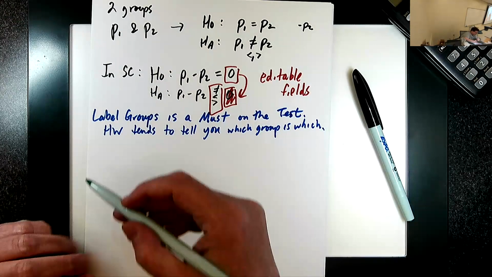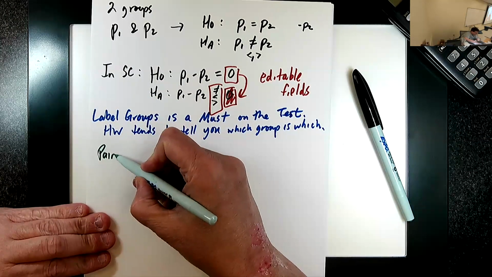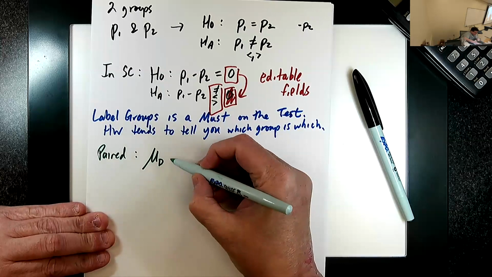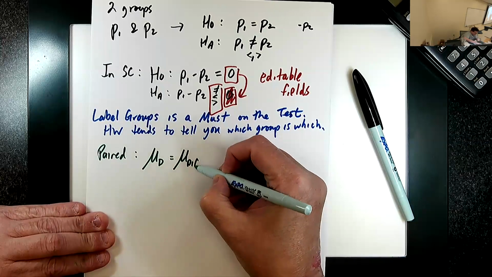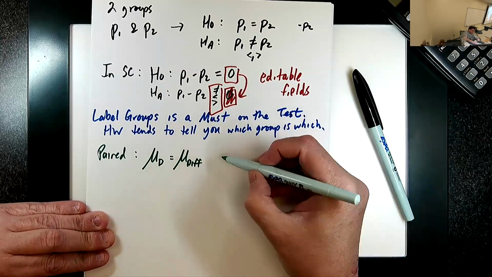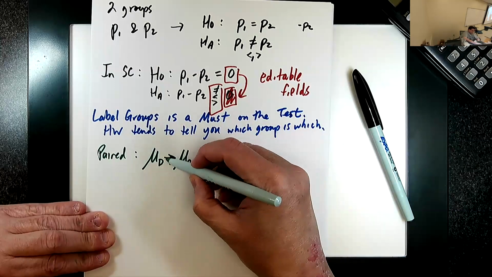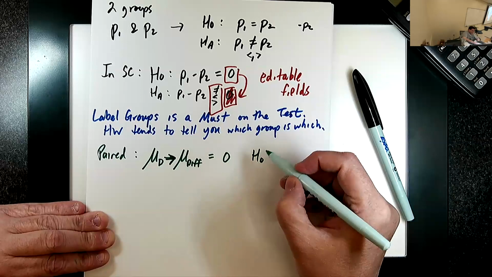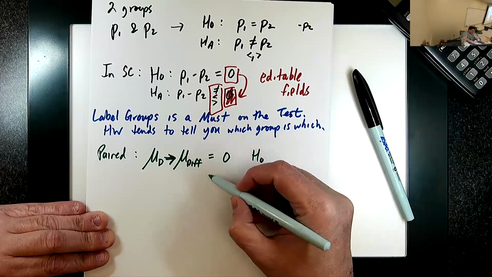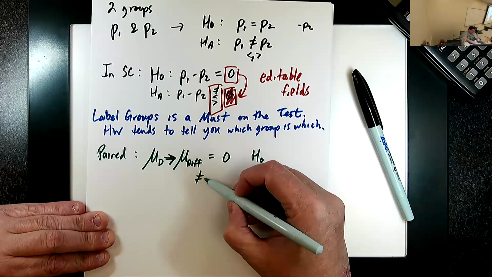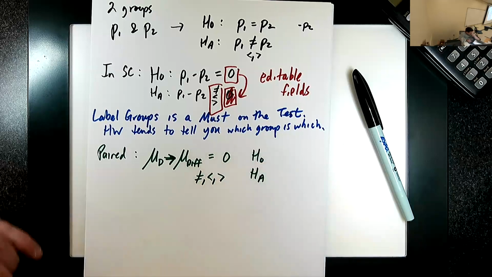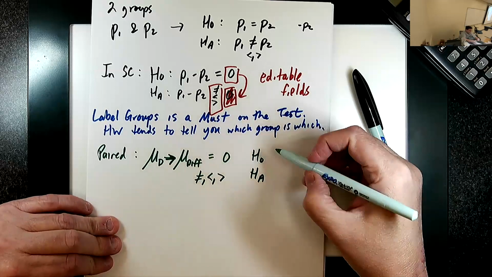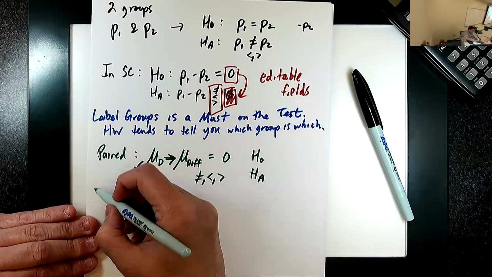The paired test changes it up a little differently. Paired test says mu d, which means mu of difference. That's what mu d means. It equals 0. That's our H naught. And HA is the same thing, but not equal to, less than, or greater than. But you have to identify how mu d is defined.